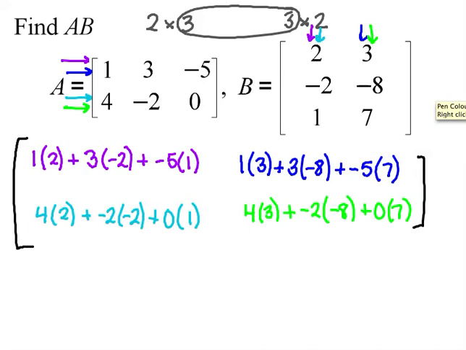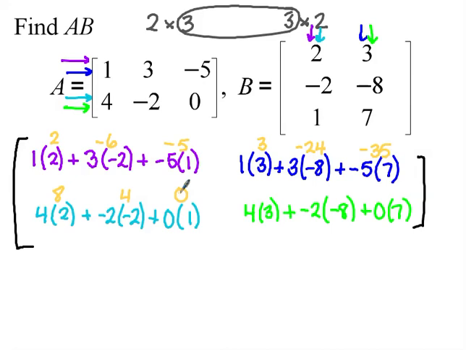All right, so now I'm just going to go through and do the little problems. So 1 times 2, I get 2. Negative 6, negative 5. 3, negative 24, negative 35. 8, 4, and 0.